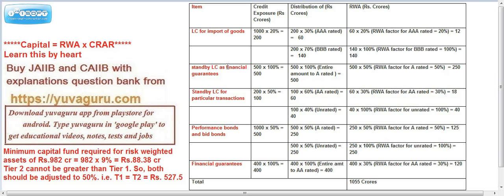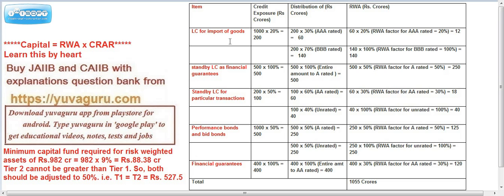Similarly, standby LC as financial guarantee, so 100%. Standby LC for particular transaction 50%. It's given in that table in my earlier slide. You can go back to the video and check it. Performance bonds and bid bonds 100 crores into 50%. And financial guarantees 400 crores into 100%.